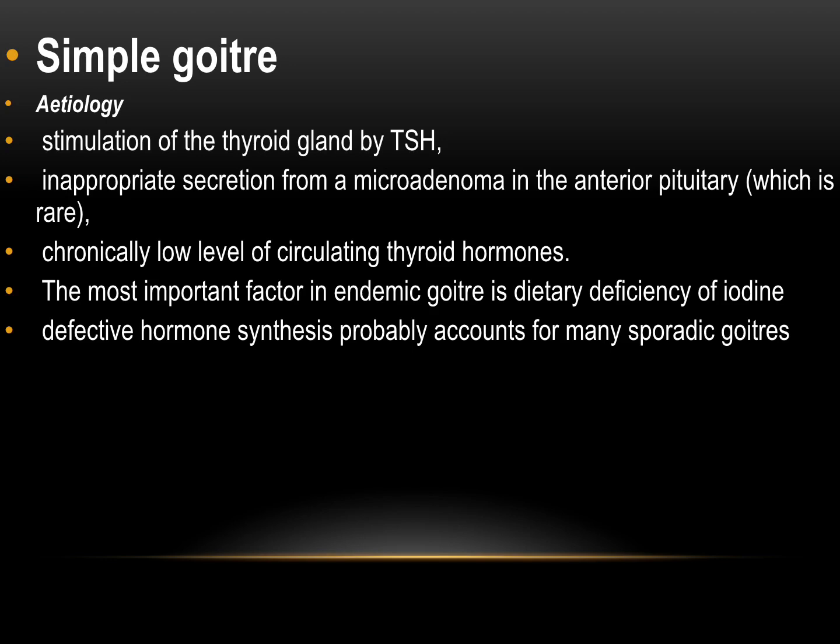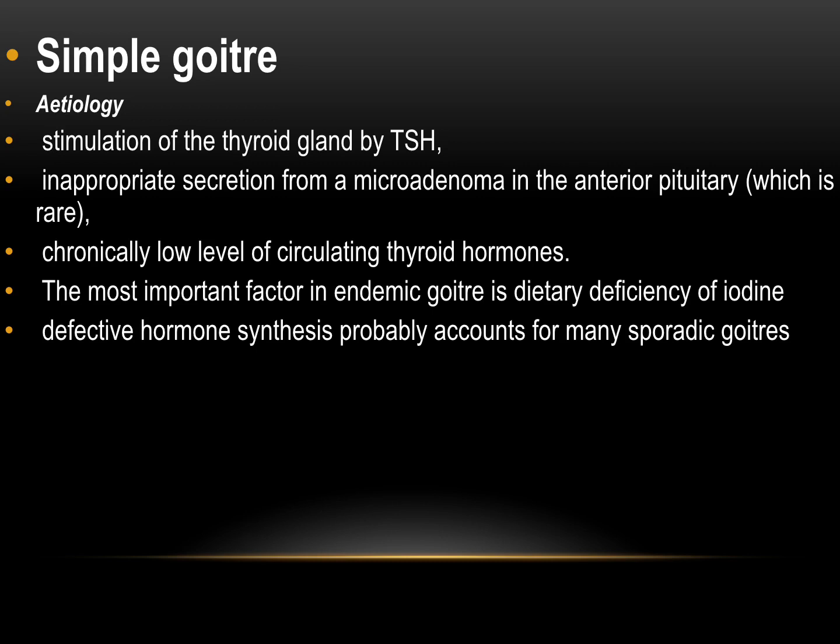Simple goiter, etiology. Stimulation of the thyroid gland by TSH, from inappropriate secretion from a microadenoma in the anterior pituitary gland, or from a chronically low level of circulating thyroid hormone. The most important factor in endemic goiter is dietary deficiency of iodine.